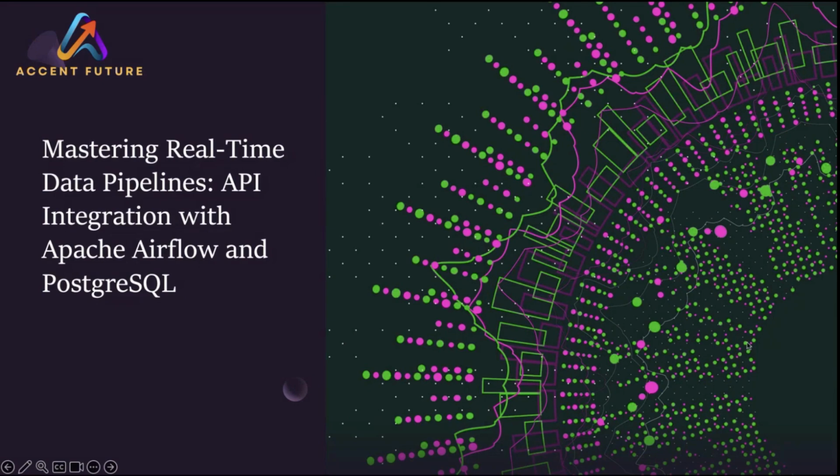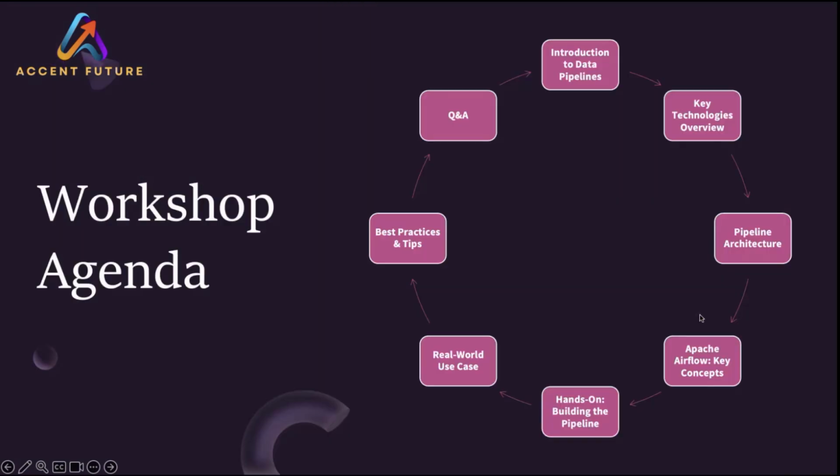On the introduction, first we'll see what our agenda is. In the agenda, first we'll discuss the introduction to pipelines, how pipelines are configured. First of all, we'll see what a pipeline is, how we can integrate, how Airflow will be useful, and what the different key technologies are internally.